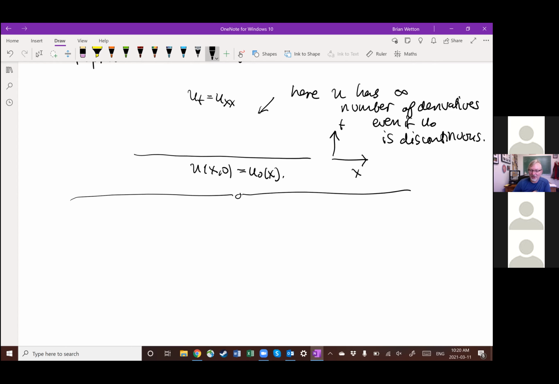What's the formal definition of a Cauchy problem? It's an initial value problem given in infinite space. We're going to see some coming up.